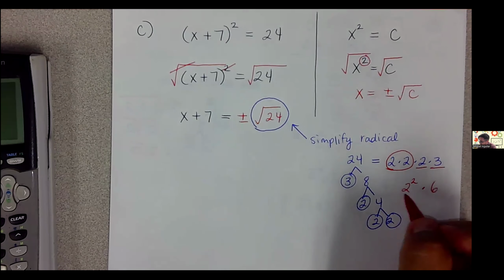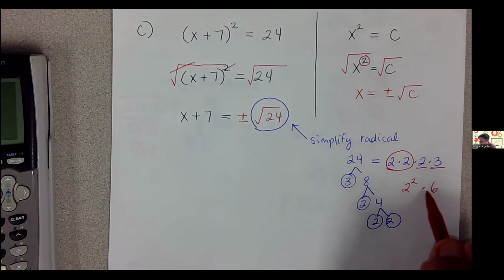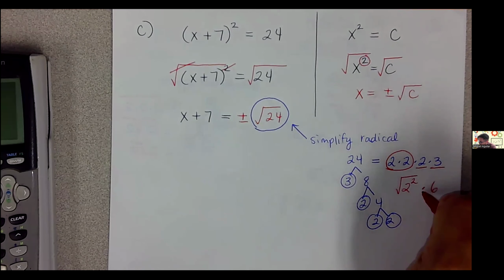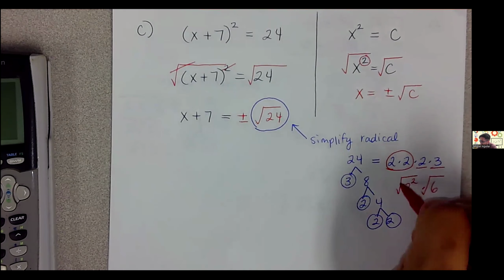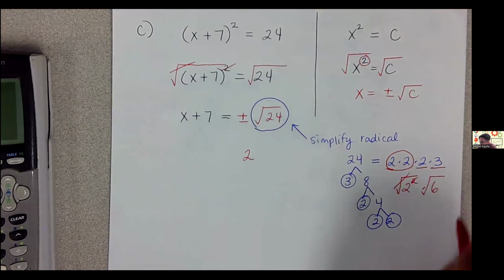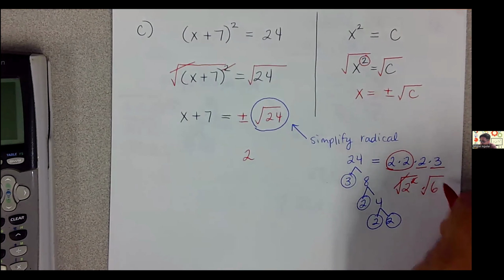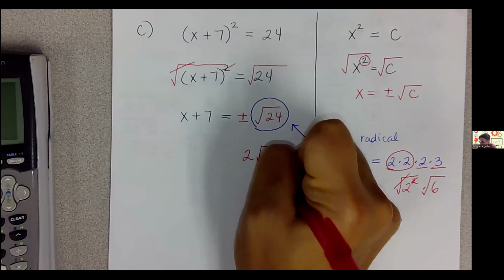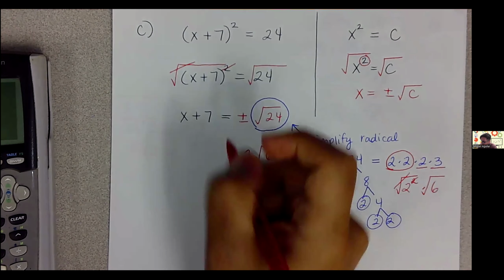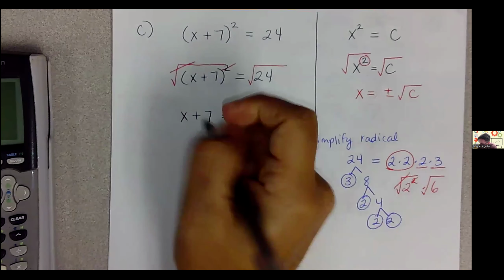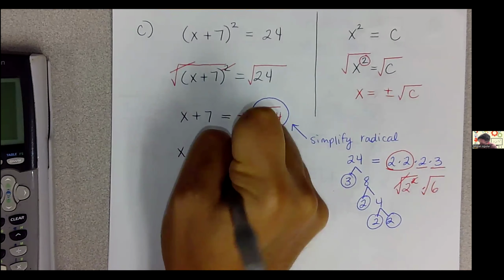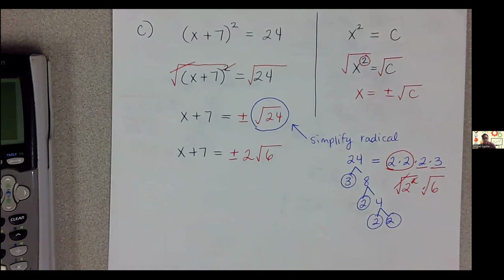If we're trying to take the square root of 2 squared times 6, since those make up 24, then the square root gets canceled with the square, so I should have a 2. And the square root of 6, since I don't have a second power, needs to stay inside the radical. Then I can put my plus or minus symbol in front and rewrite my equation: x plus 7 is equal to plus or minus 2 times the square root of 6.